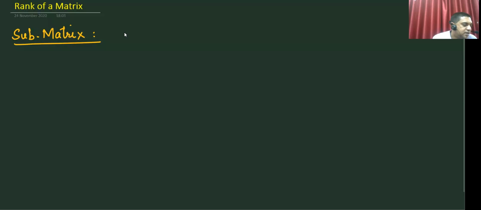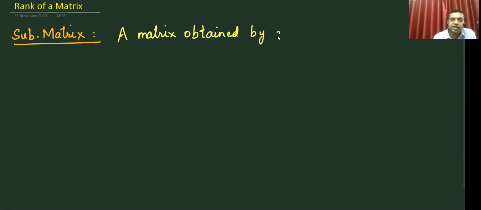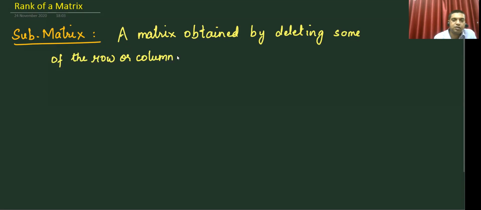A submatrix is a matrix obtained by deleting some of the rows or columns or both from a given matrix.